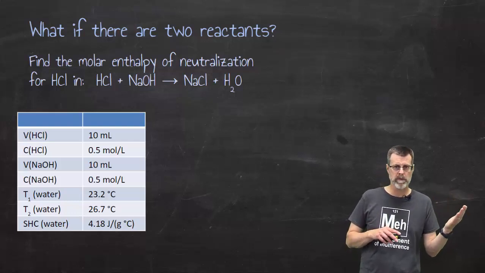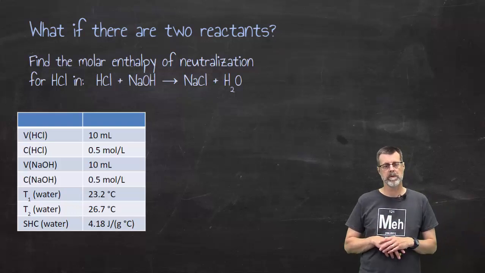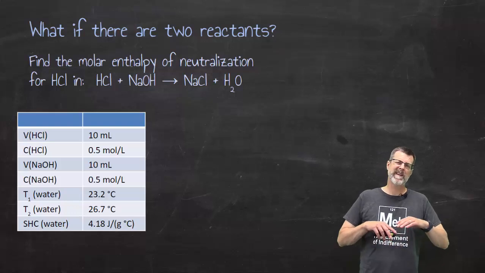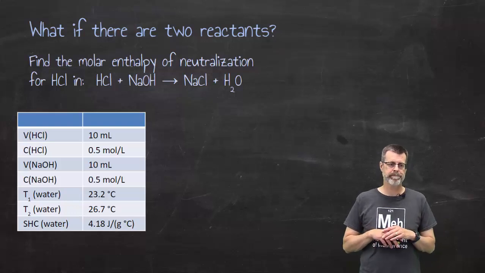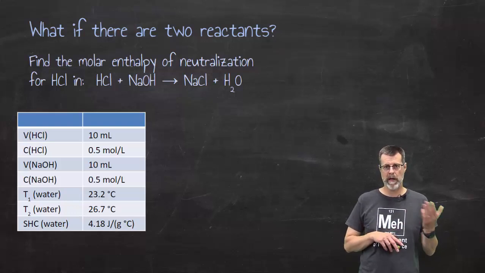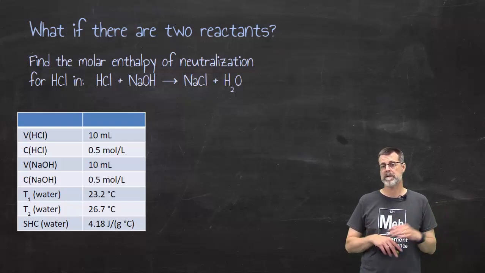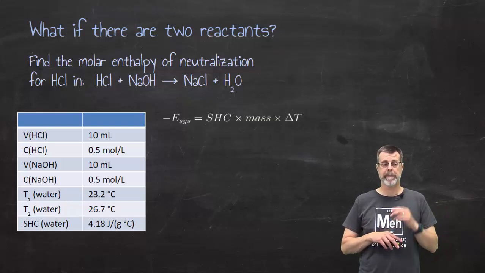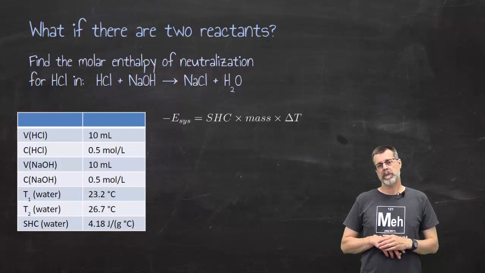One milliliter of water stuff is 1 gram of water stuff. And I can kind of ignore the contribution of the acid and the base in the specific heat capacity. Anyway, similar starting point.